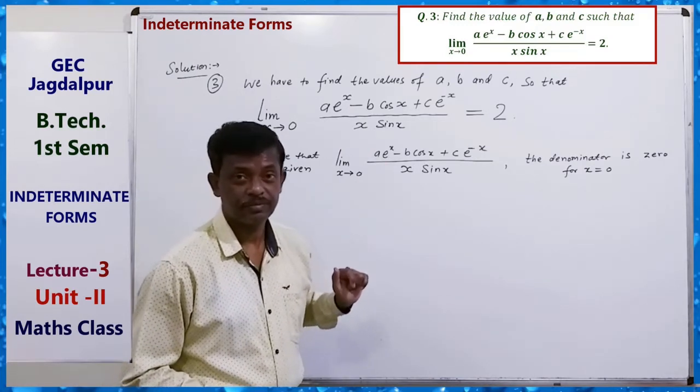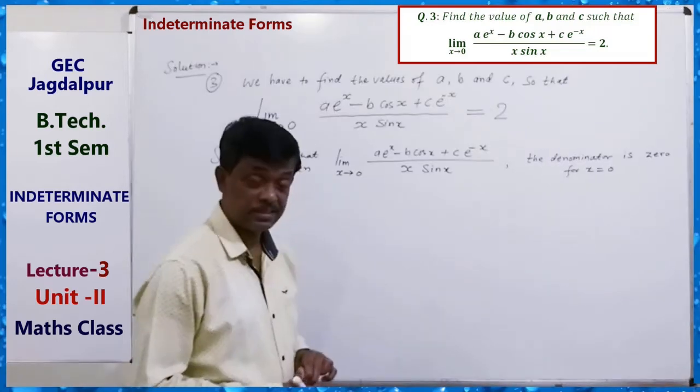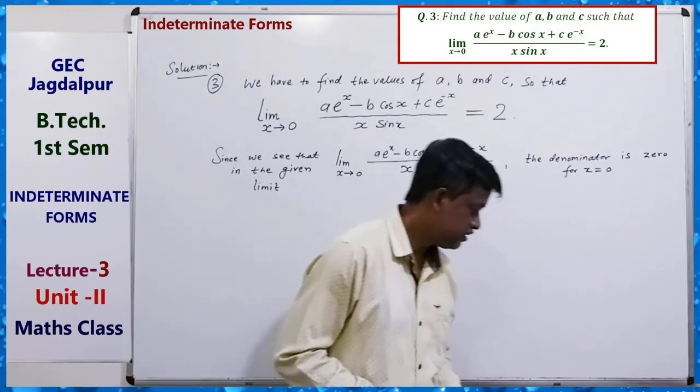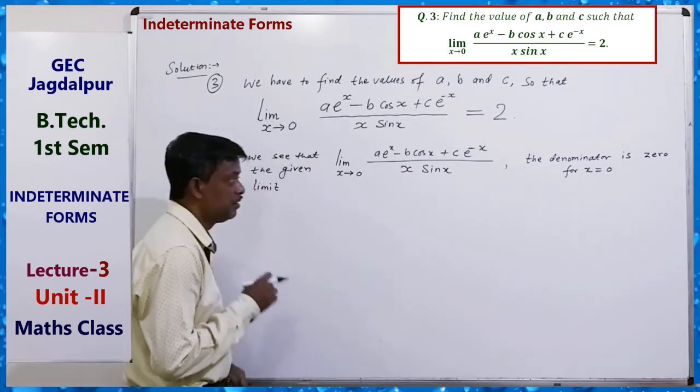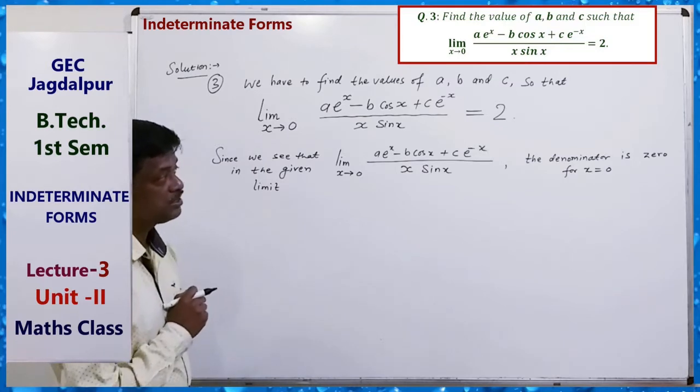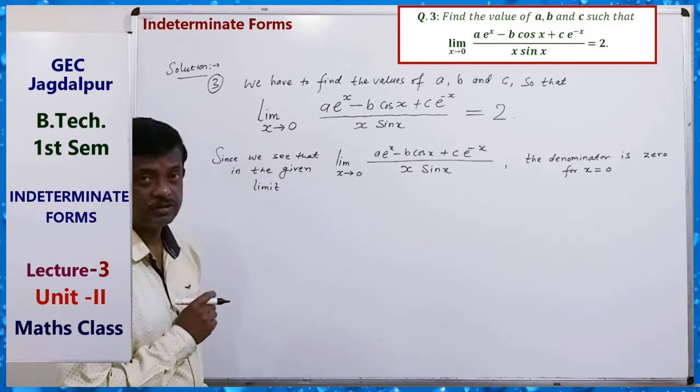So for the existence of this limit, we can write that the denominator is 0 for x equal to 0.